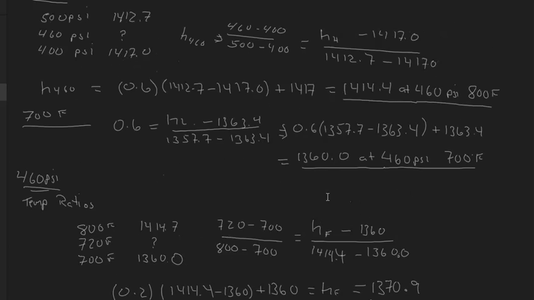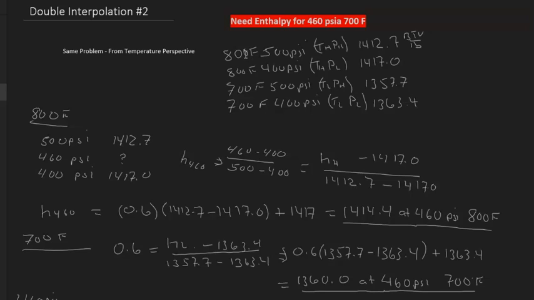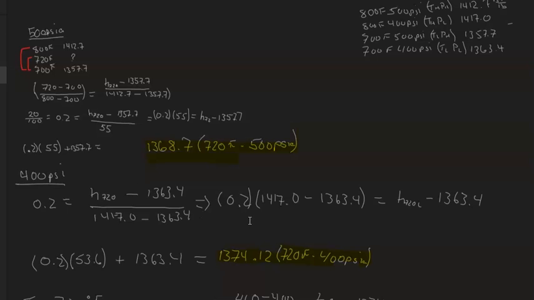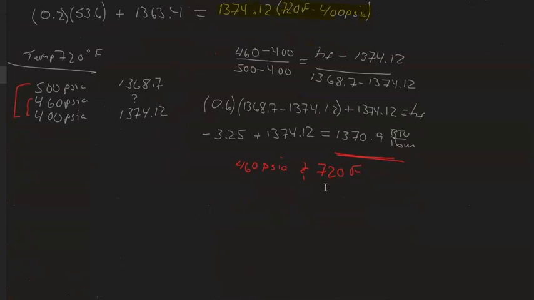So whichever direction you want to start, you can either use the temperatures or the pressures, and you'll end up with 1370.9 in this case. So there's a case of double interpolation, just to give you some insight on how that will work.